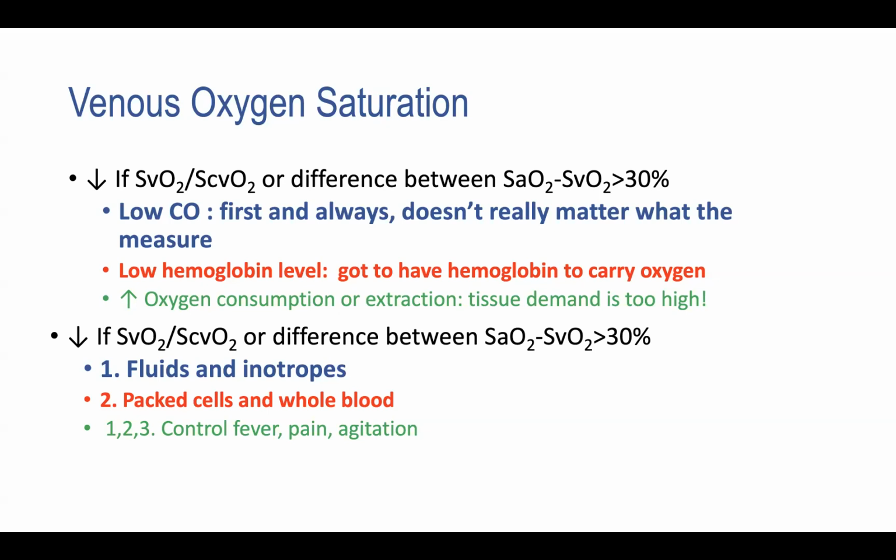Now, the problem is that when you're doing it intermittently, you can't really measure quite as well what you're doing. And what that also means is you can't do one SvO2 in the ED with a critical patient in shock, and it comes back at 45 and you do all sorts of interventions, but you never measure the SvO2 again. You should be measuring the SvO2 every hour. After every significant intervention, you should measure SvO2.